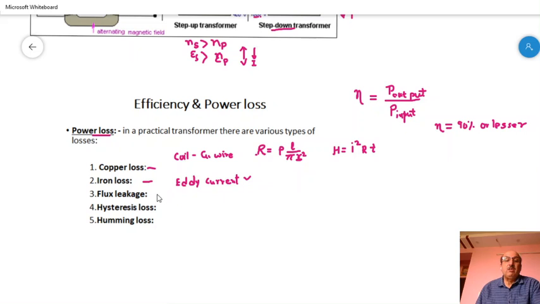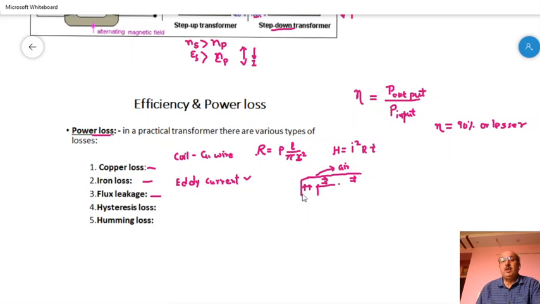The next loss is the flux loss. Whenever we use the iron core between the two coils, the flux transmits through the iron core, but there is some magnetic line of forces that go to the air, whereas they should go through the iron core.